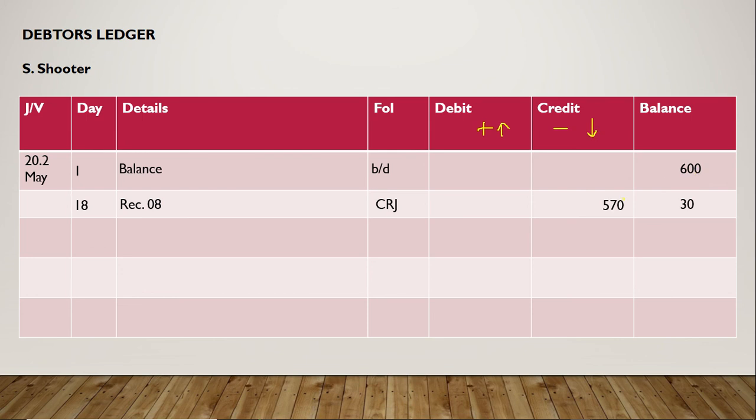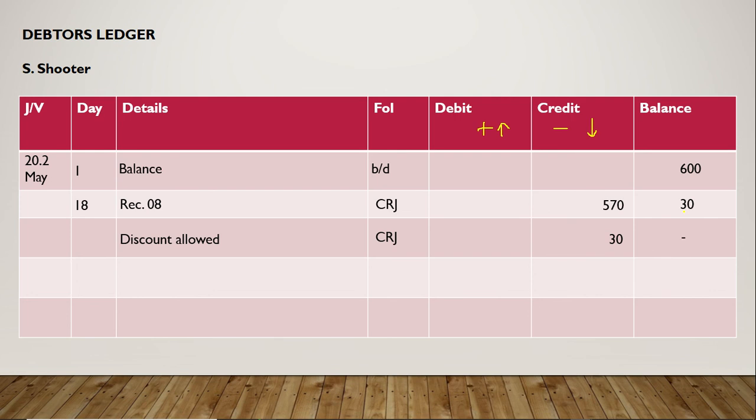So basically 600 minus 570 gave us 30 because we received the check. We recorded this when we received the check. Okay. And then we allowed him a discount of 30 rand. So the discount will actually reduce the amount that he was owing us, which is 30 rand. So basically S Shooter is owing us nothing.